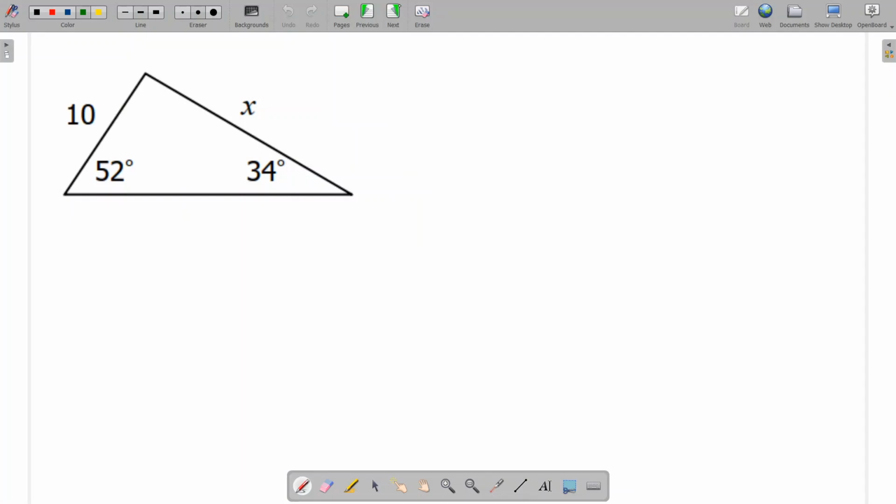Okay, so here we're looking for x. I have a side length of 10, and it has an angle of 34 degrees across from it. I also have the angle across from that missing side. So what the law of sines allows me to do is set up an equation that's really just a proportion equation. 10 divided by sine of its opposite angle, which is 34 degrees, should be equal to x, our missing side, divided by sine of its opposite angle.